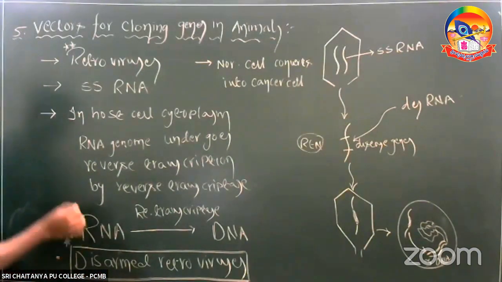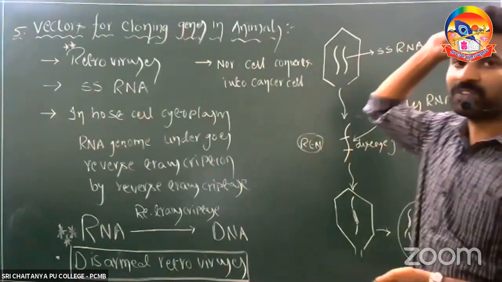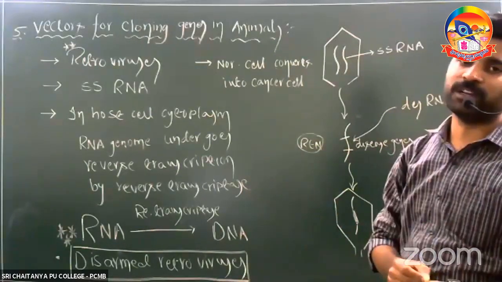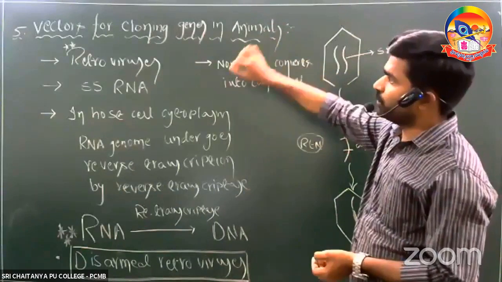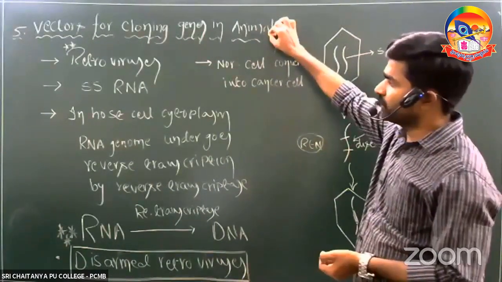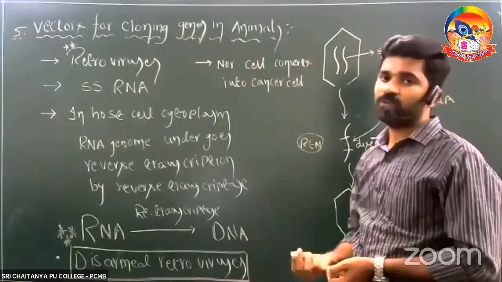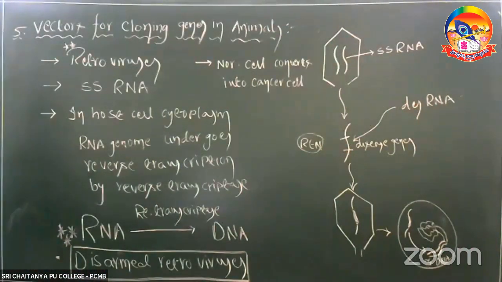Which type of vectors do we use for amplification of desirable genetic material in plants? Ti plasmids. Normal plasmid or modified Ti plasmid? Modified Ti plasmid. Here, which type of vectors are we using for cloning genes in animals? Retroviruses. What type? Disarmed retroviruses. That's it. Right? So take a screenshot.